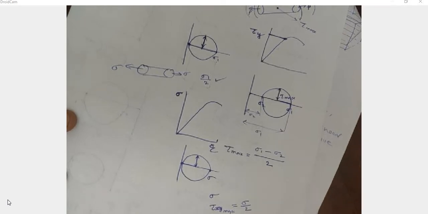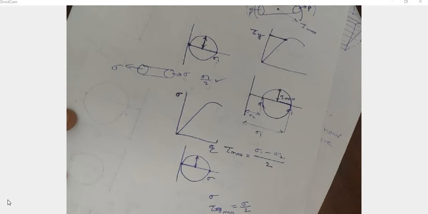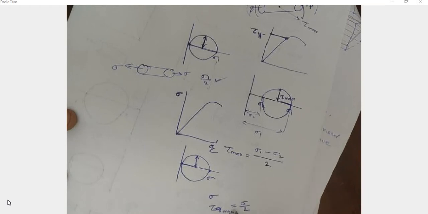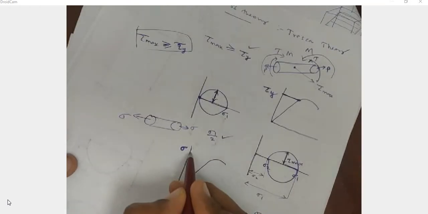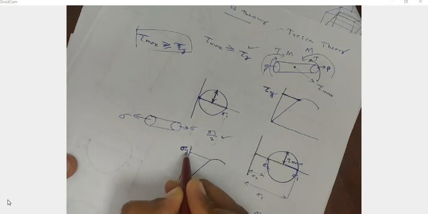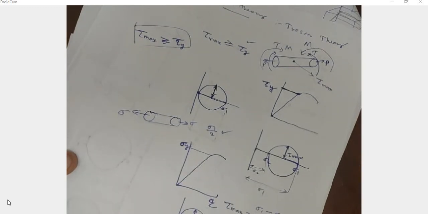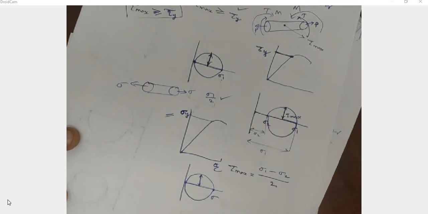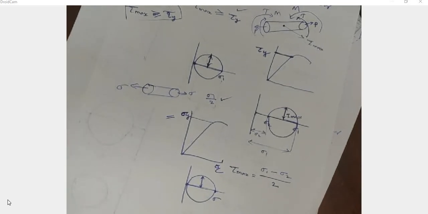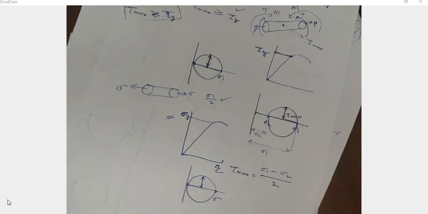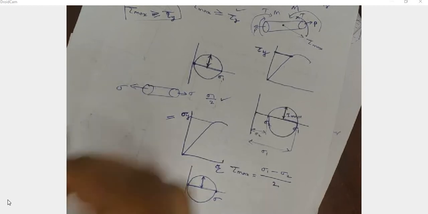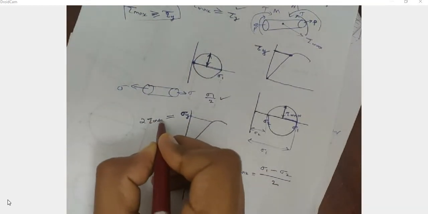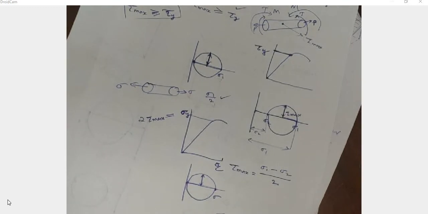So at the yield point, sigma is equal to sigma y, and corresponding to sigma y we can write, using this equation, sigma y is equal to 2 into tau maximum.